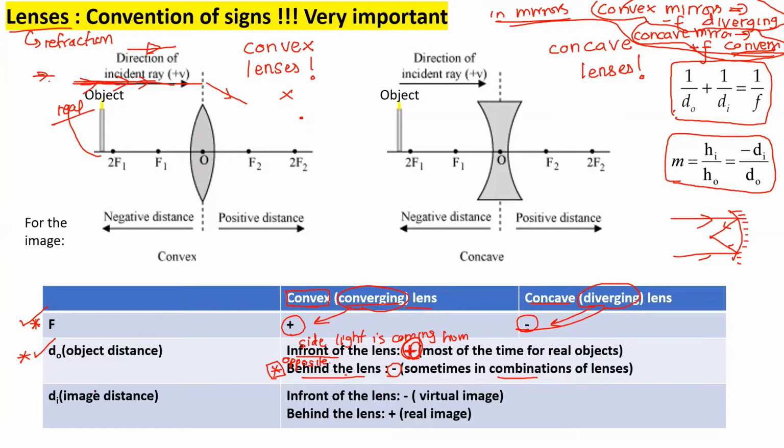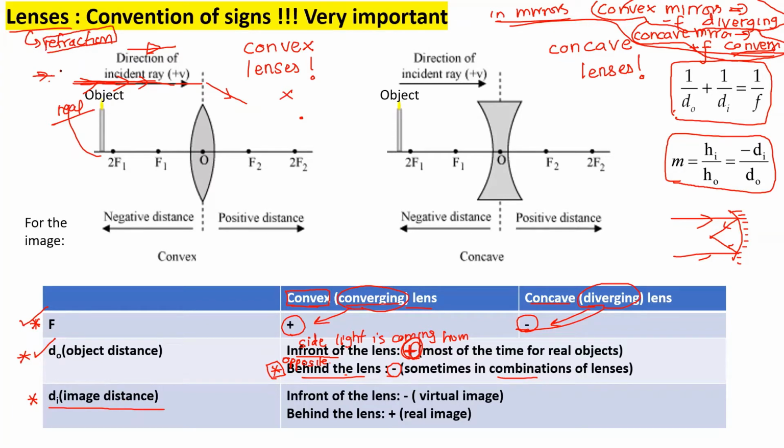Okay. The other important thing is this. This is the thing which is completely opposite from mirrors. DI, the image distance. This is completely opposite from mirrors. Let's see why. Like I said before, lenses are based on refraction, right?